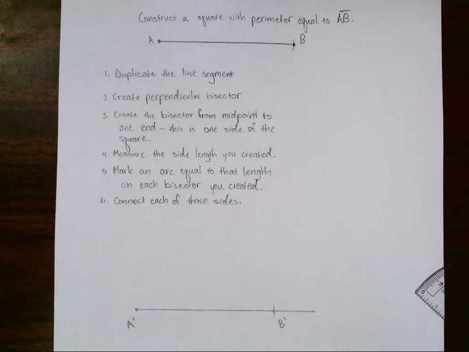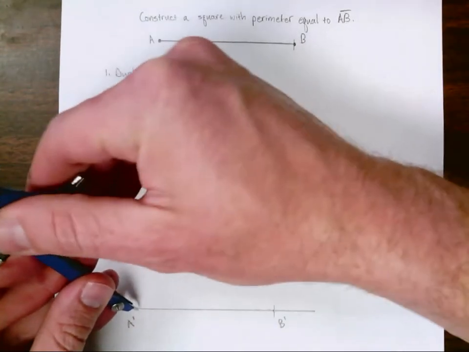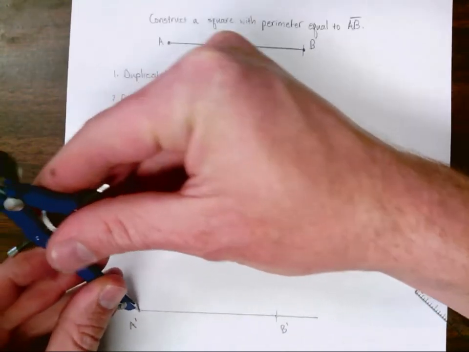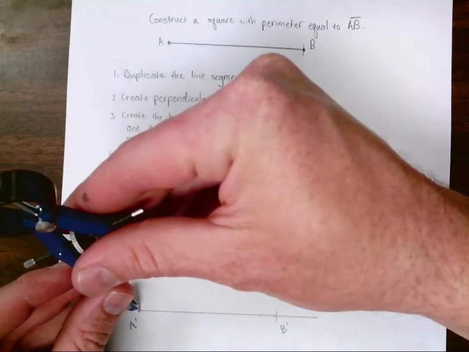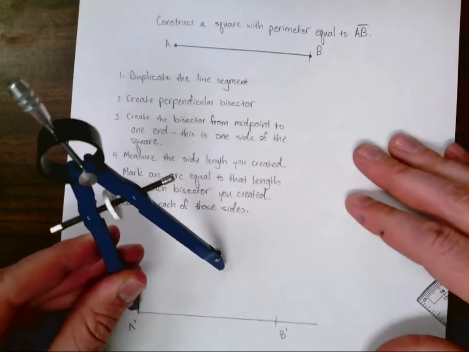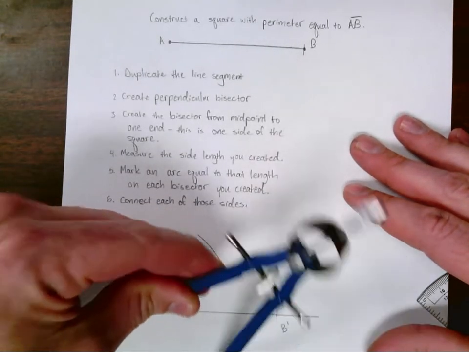Next we're going to create the perpendicular bisector of the entire line. To do this, I'm going to adjust my compass to something that's a little more than halfway. Create an arc above and below the line.